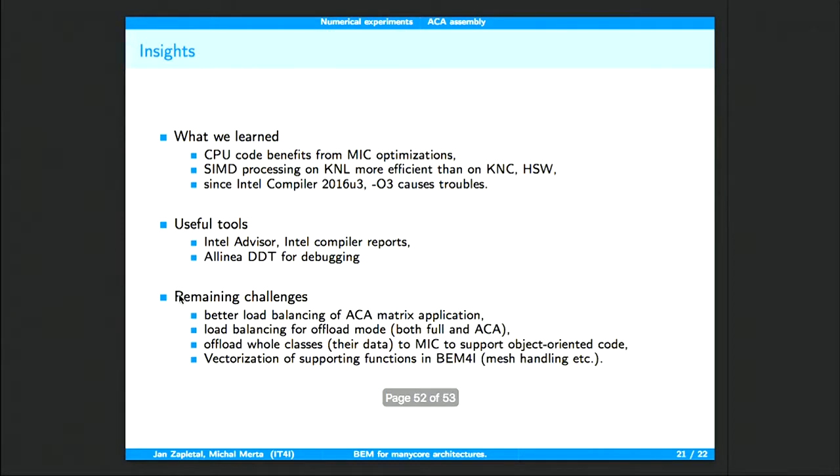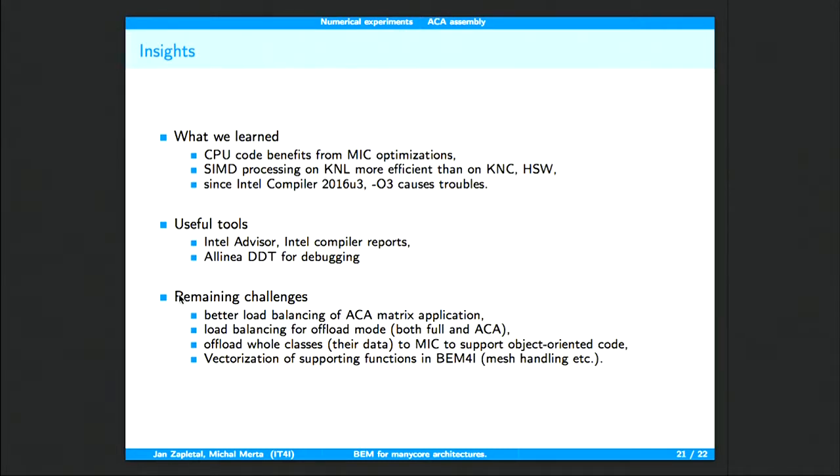What we are currently working on, what we want to make better, is to make the load balancing of ACA matrix application perform better, especially on Haswell, on multi-core. What I didn't mention is that we also allow for offload mode for the assembly. This is very dirty code.